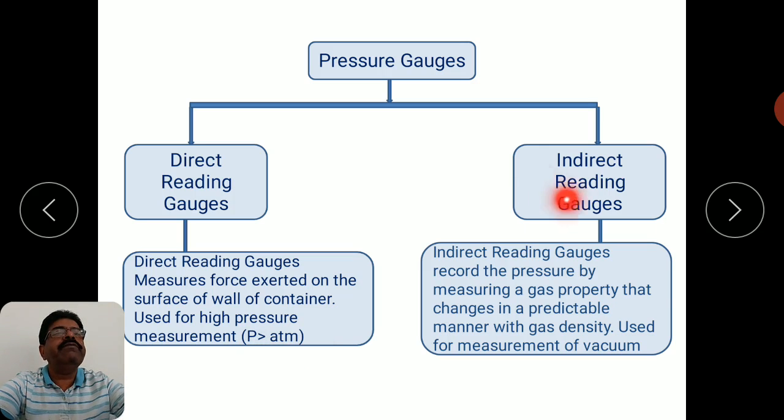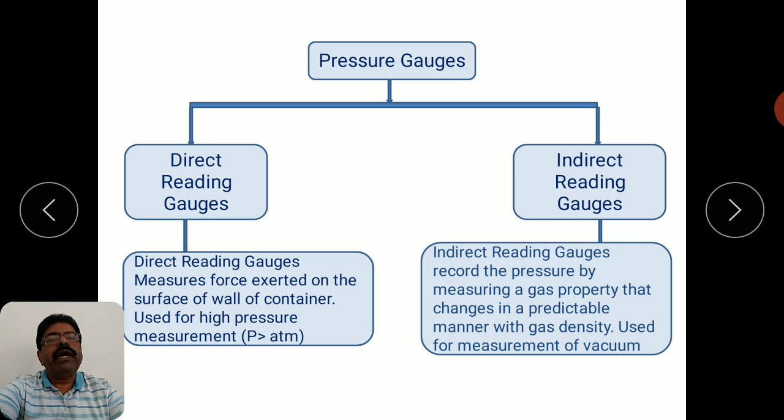Whereas the second type, that is indirect reading gauges, record the pressure by measuring a gas property that changes in a predictable manner with gas density.